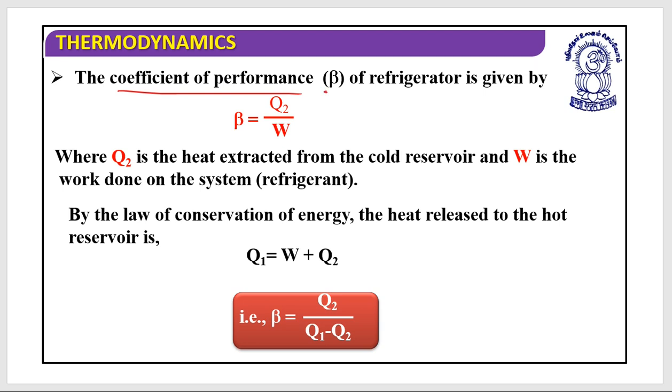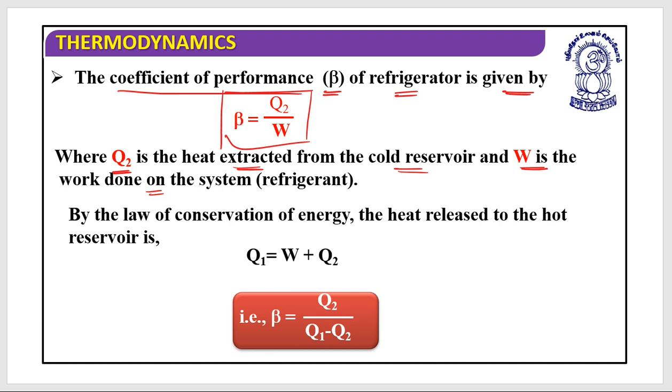The coefficient of performance of the refrigerator is given as beta, which equals Q2 by W, where Q2 is the heat extracted from the cold reservoir and W is the work done on the system. That is what we call the refrigerant.